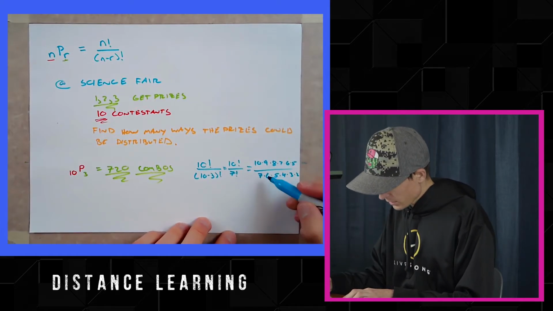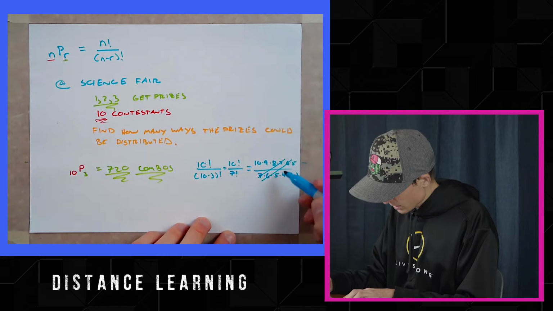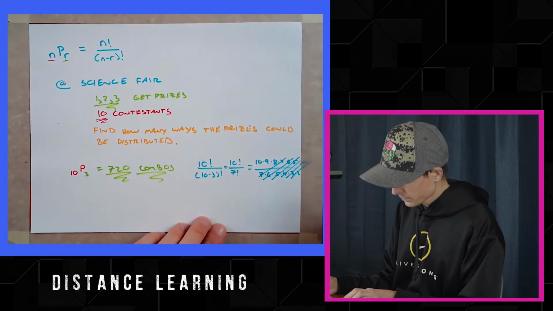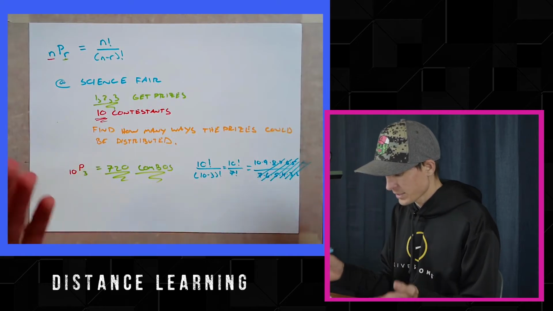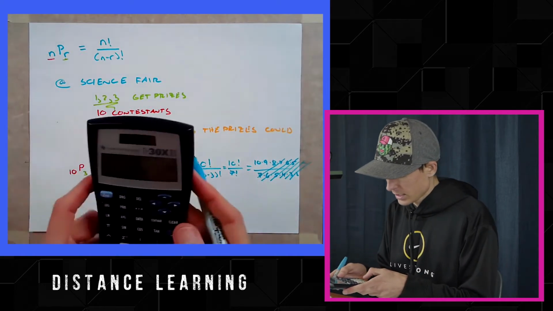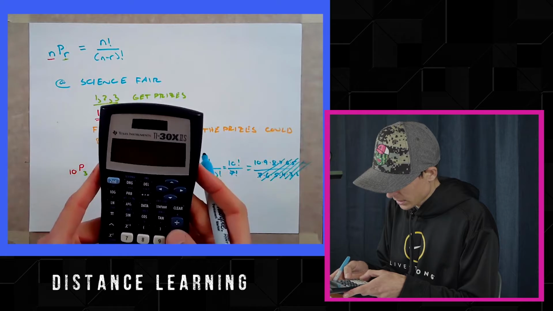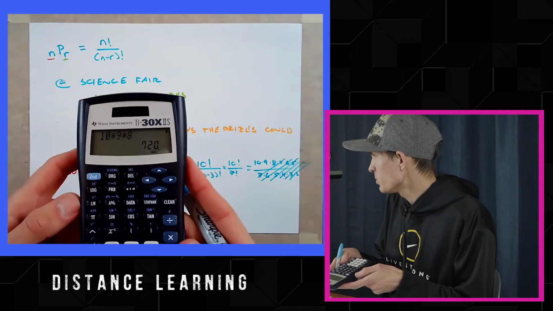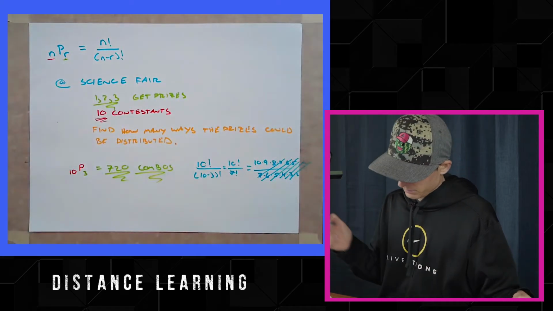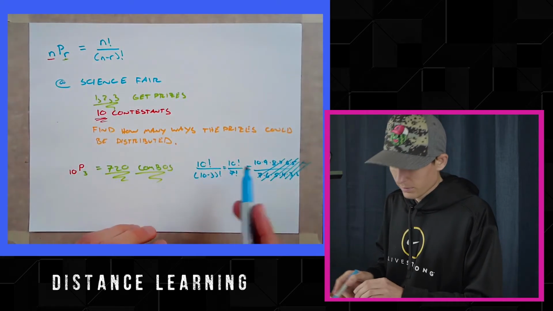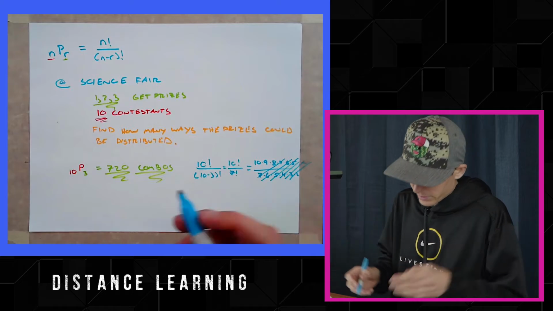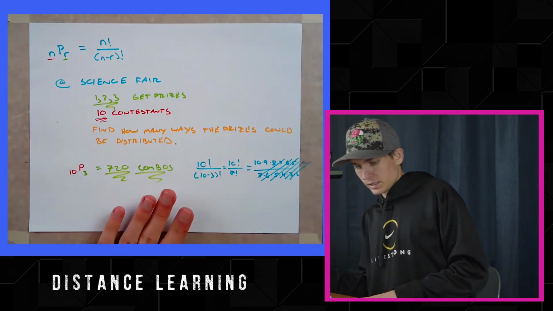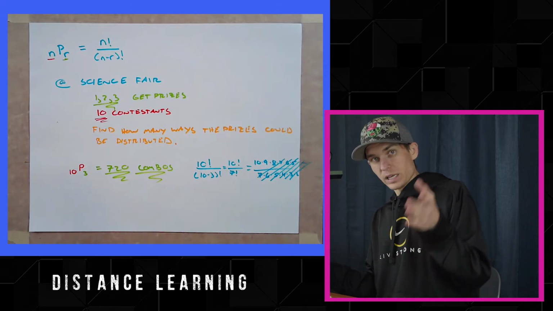Do you see how there's 7, 7, 6, 6, 5, 5? There'll be a 4, 4, 3, 3, 2, 2, 1, 1. All cancel. So basically you're going to have 10 times 9 times 8. And if you did that, you get 720. But you're not going to do that because you can just type in the calculator. You'll do 10, P button, 3. Boom. Okay?